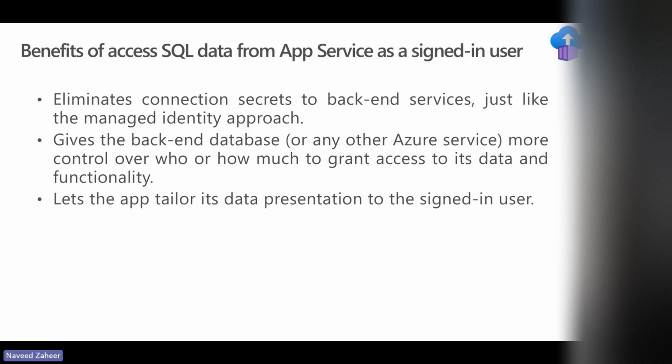For example, now you're using one connection string for everyone, so you have to have the logic of limiting what data you show to the end user at the front end. The database is not in control because of the connection string, and it cannot do much. Same thing if you use managed identity; once again, the database is not in control.